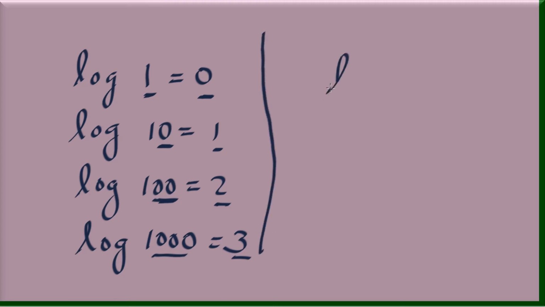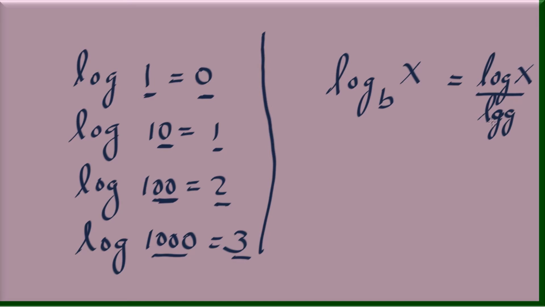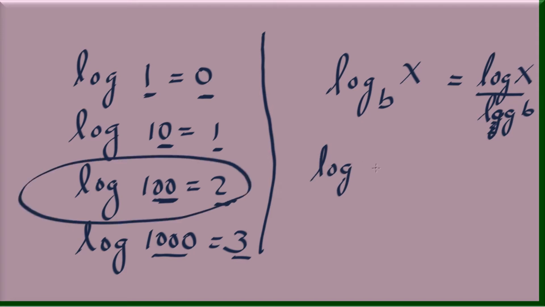Now there's a formula that we can also use. Let's say you're asked to evaluate logarithm of x to a certain base b. You can calculate that, maybe with the use of your calculator, using this formula: you get the logarithm of x divided by the logarithm of b. Let's say you have logarithm of 100.